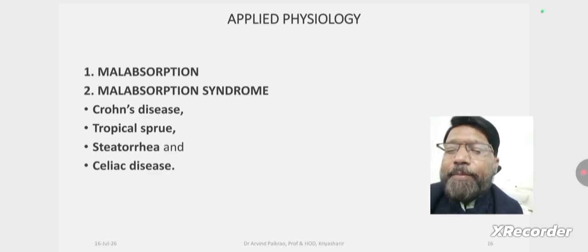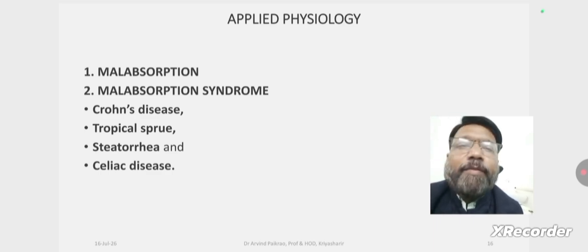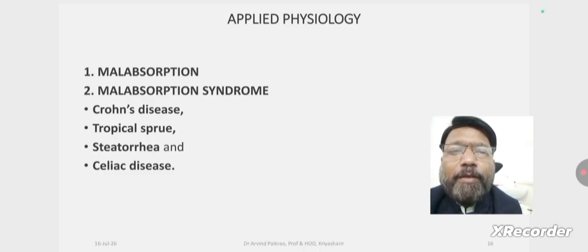That lipase digests the fat, and because the fat is not digested, it appears in the stool, and because of this a fishy smell is found with the stool.